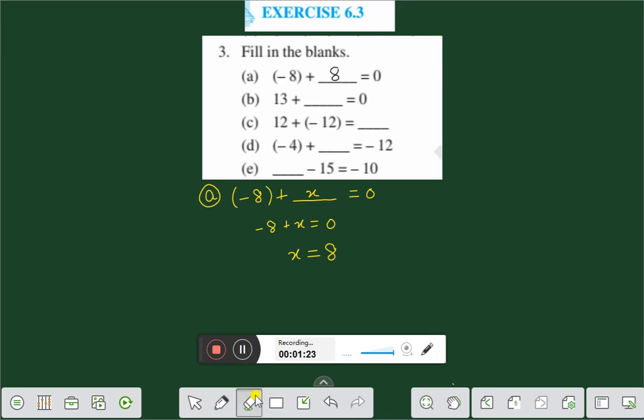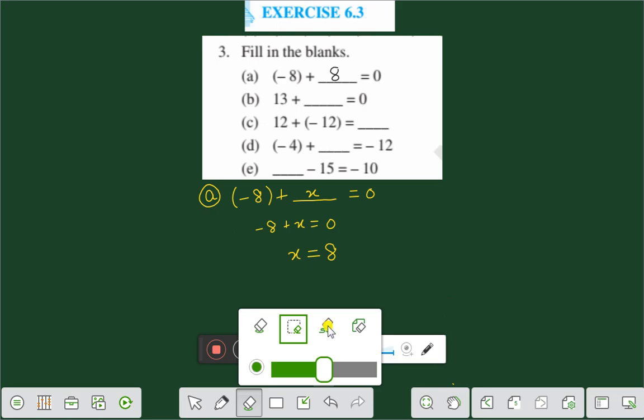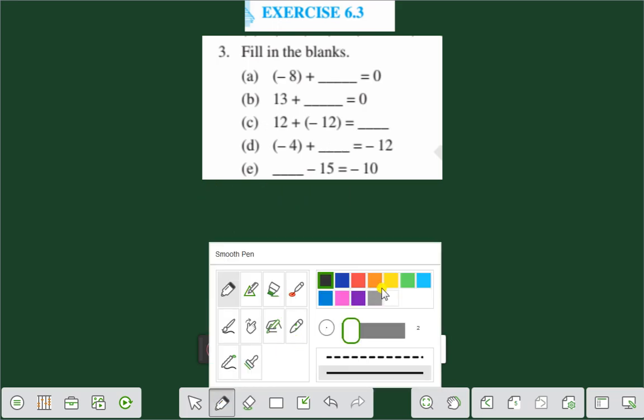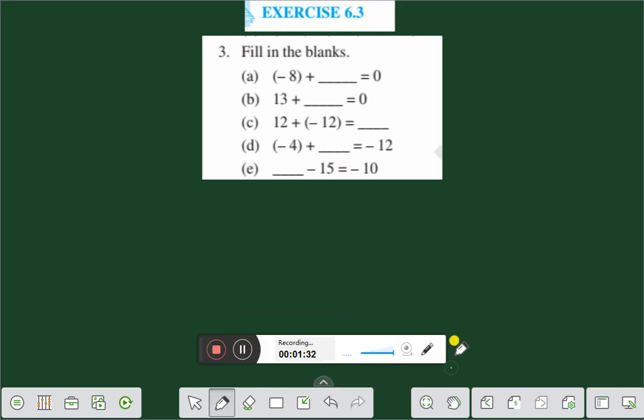Question number B is 13 plus dash is equal to 0.